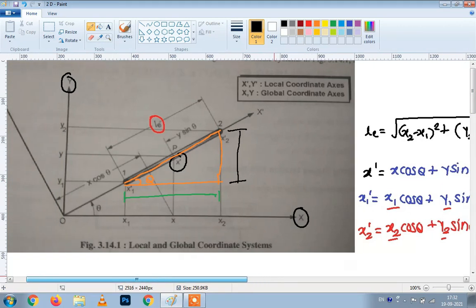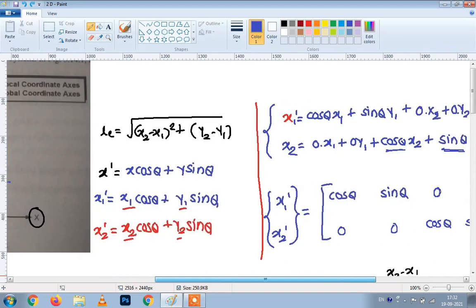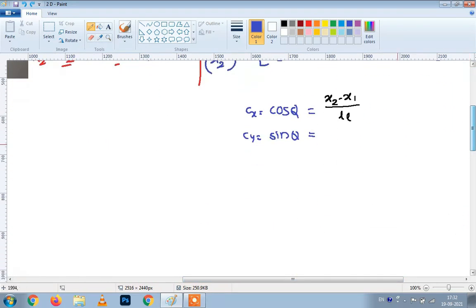Now this distance is y1, this distance is y2, we want this much distance, so it will be y2 minus y1 upon LE. So we will write that sin theta is equal to y2 minus y1 upon LE. So we are getting these two values.